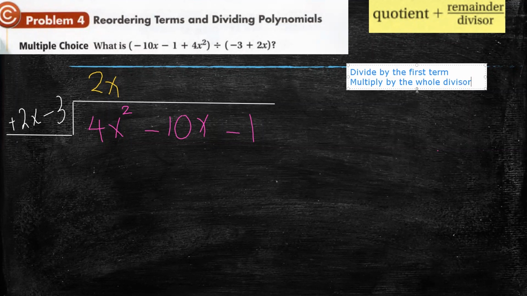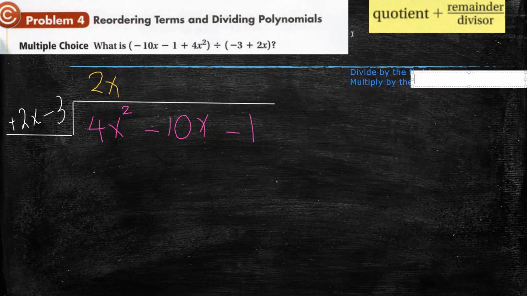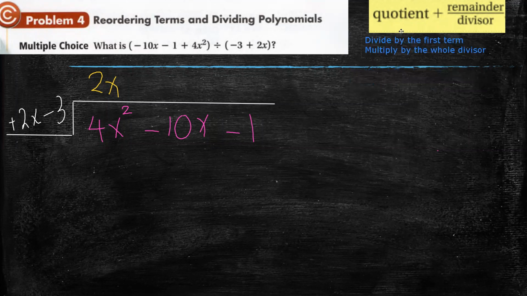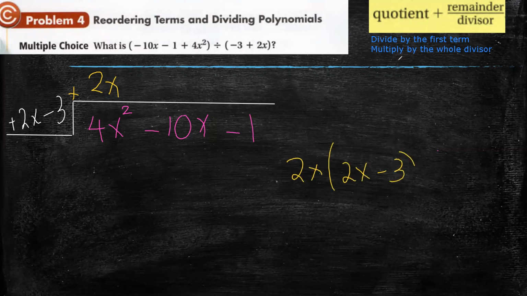This is our rule. So you have to multiply 2x now with 2x minus 3. 2x times 2x is 4x squared, and 2x times negative 3 is negative 6x.